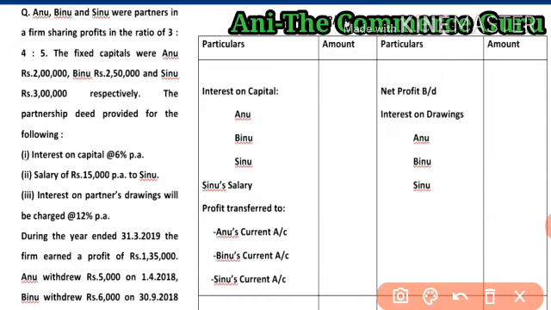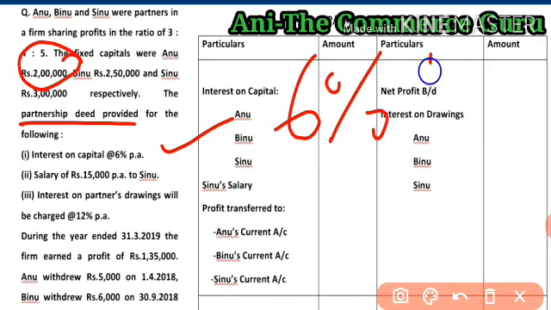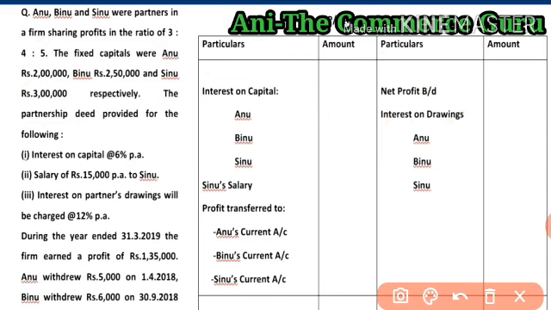Then the next sentence gives the terms of the partnership deed. First point is interest on capital at 6% per annum. So to their fixed capital, they are eligible to get 6% per annum interest on their capital. That's given as the first term in the partnership deed.